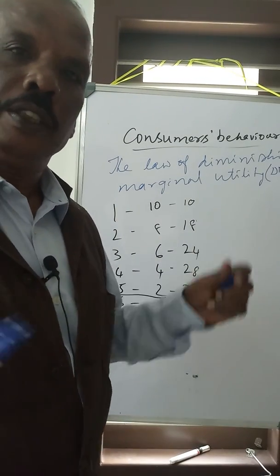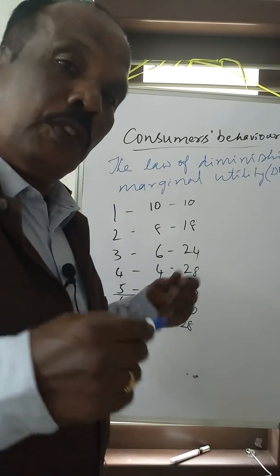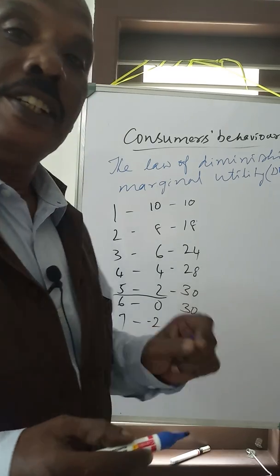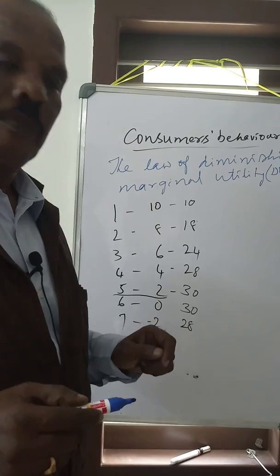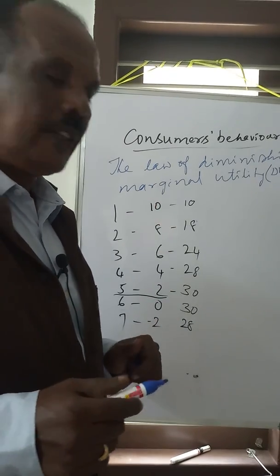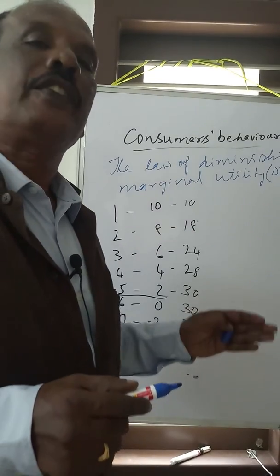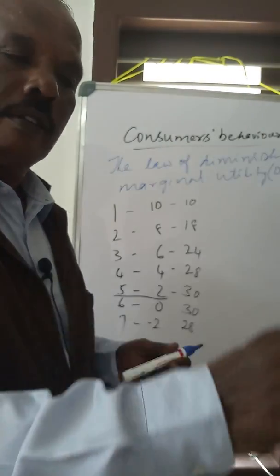There is no use in consuming that sixth jamun. Suppose he takes the seventh one, he gets disutility, that is -2. So, as a person goes on consuming more and more units of a commodity, the marginal utility goes on diminishing.